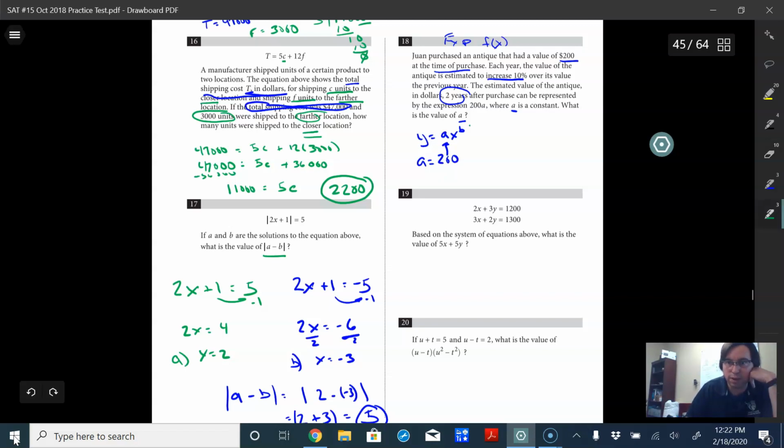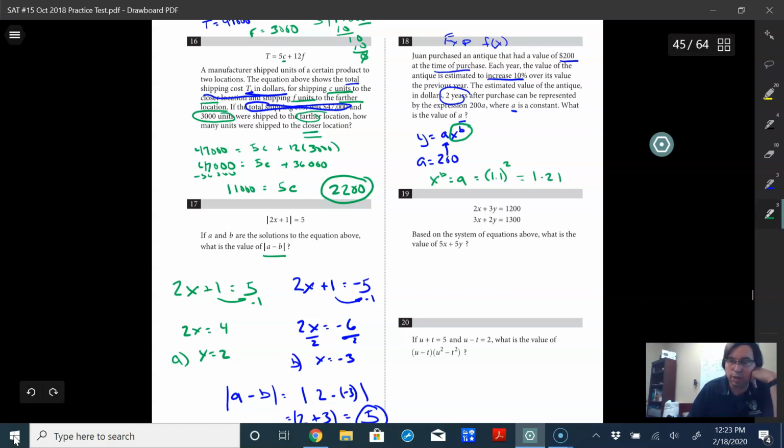That's the value we're trying to calculate on this one, and it equals the A in this expression. Since it's increasing by 10%, we would write 1.1. However, it's for 2 years, and it's increasing each year by that amount, so the exponent is 2. If you square that, 1.1 squared gives me a value of 1.21.